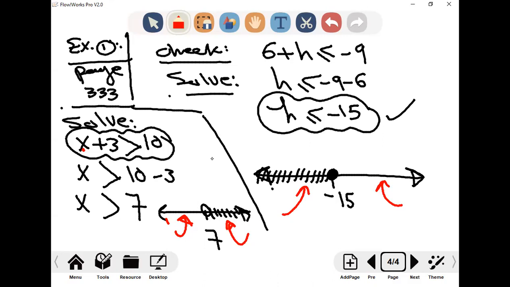Why do you choose difficult numbers? Negative 15. 6 plus 1 is 7. Is 7 less than negative 9? No. So all of these numbers here are not solutions. But choose any number here.